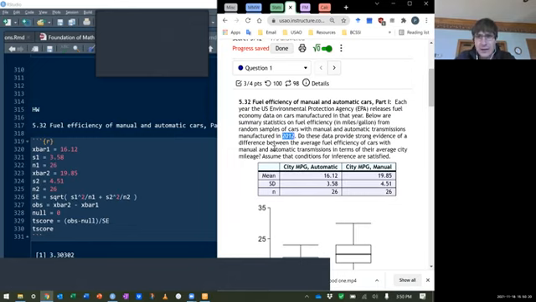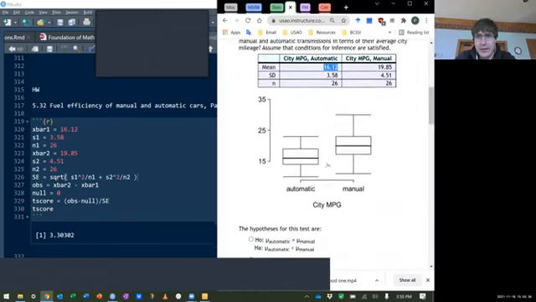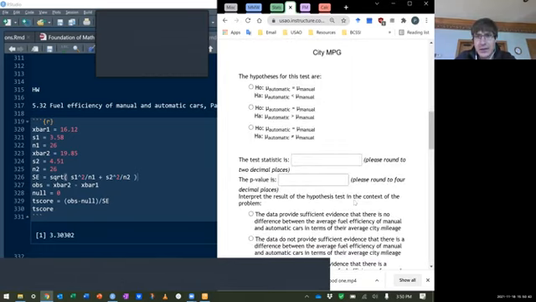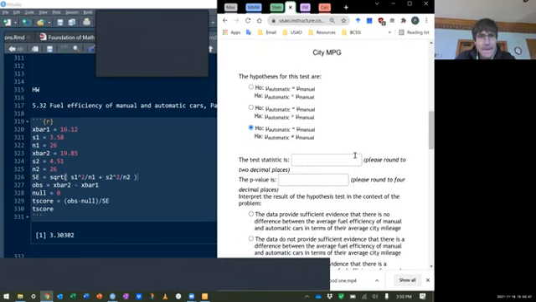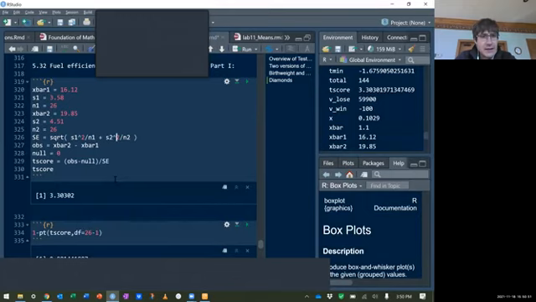Once again, you take your data, plug it in, and you get your t-score to show there's a good difference. What we're looking for is the difference of these. We don't care whether automatic or manual is more or less. So in that case, we're going to use the hypothesis of not equal to. Then you can find your test statistic and your t-score.